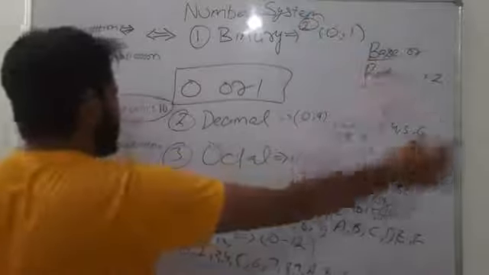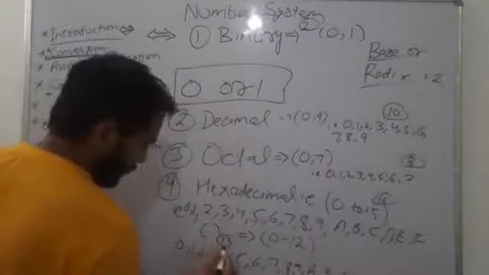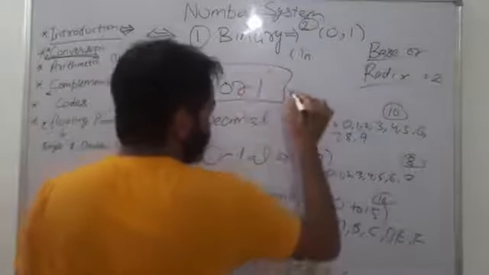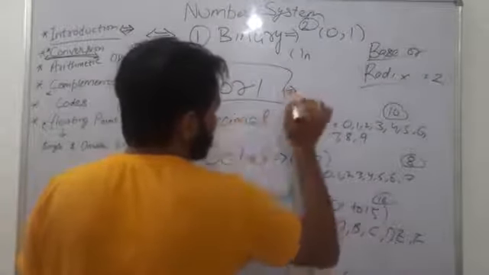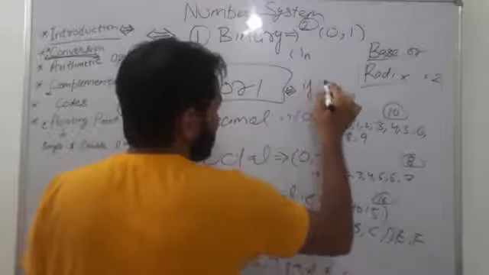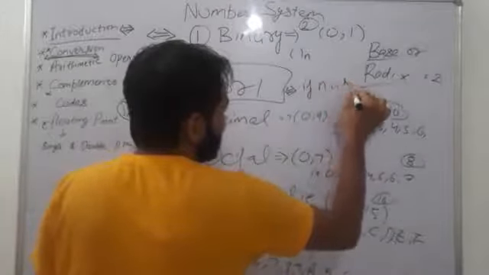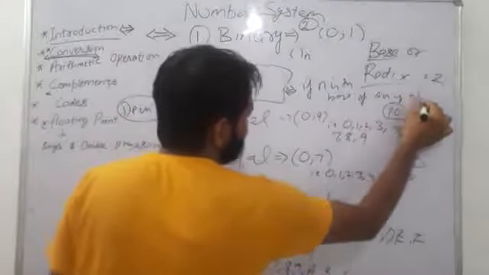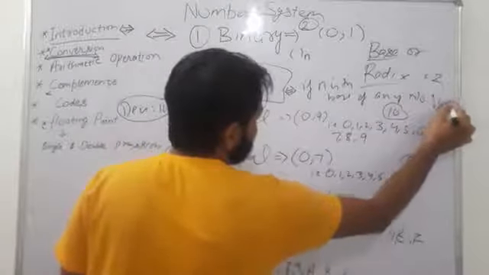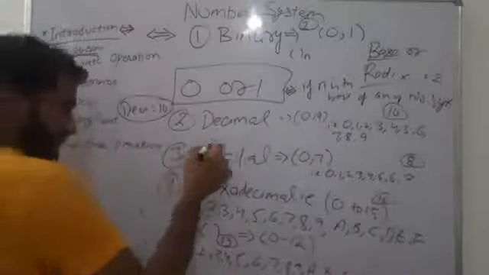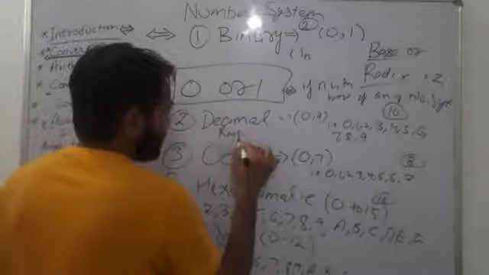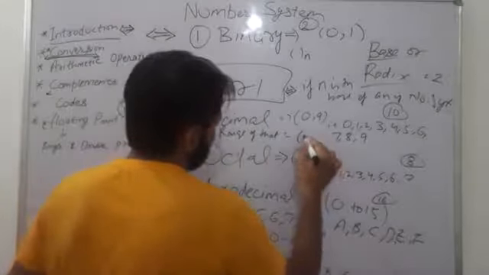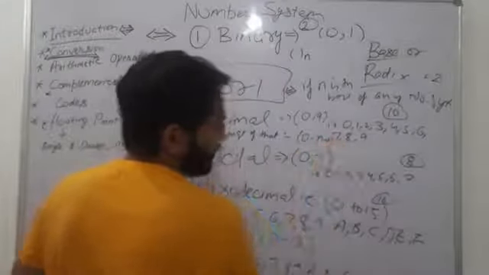Now let us say we call the base n. So the formula for finding the range: if n is the base of any number system, then the range of that system is 0 to n minus 1.